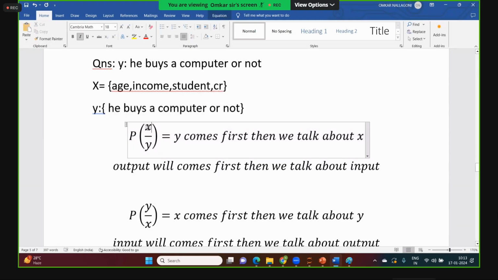X might be dependent on Y, and Y dependent on X. When I talk about X dependent on Y, P of X given Y, Y will come first, and then we talk about X. This is definitely related to the data set only. There is no doubt in that. In your data set, you have both the input and the output.